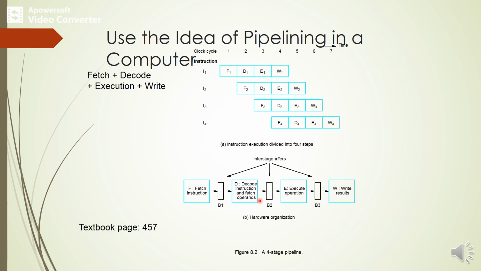Buffer B2 holds both the source operands for instruction I2 and the specification of the operation to be performed. Similarly, buffer B3 holds the result produced by the execution of that respective block, and finally after execution the result can be copied into the write result part.